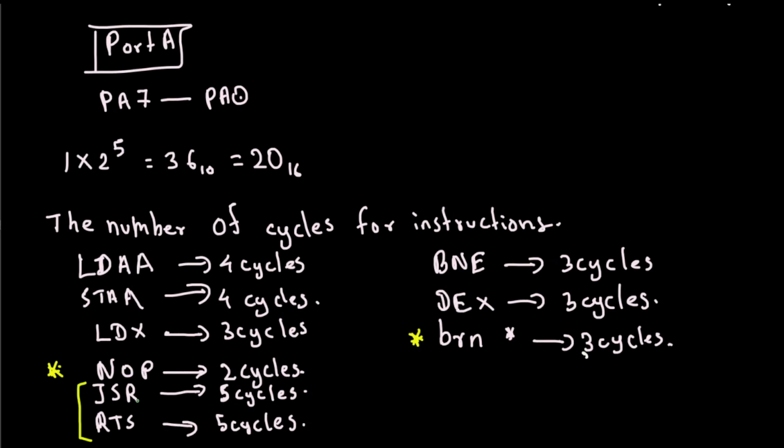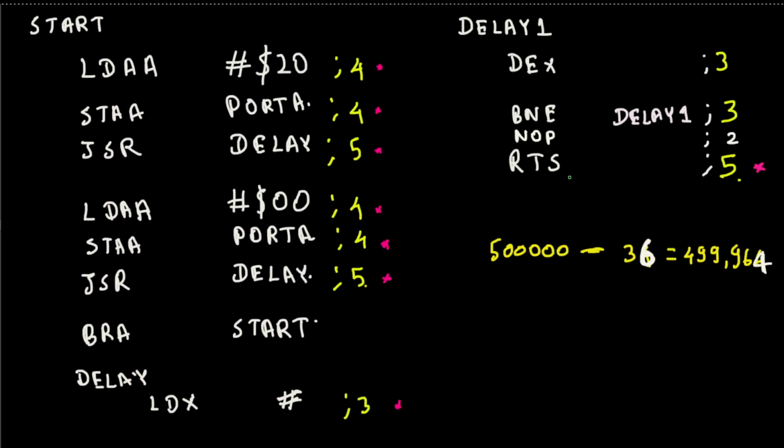The next possible even number, that is if I add one more nop, that's going to be taking 4 cycles. So I can do that here. So I put the RTS below, I erase the RTS, put another nop. That's going to consume another 2 cycles. Now I put RTS, that's 5 cycles.